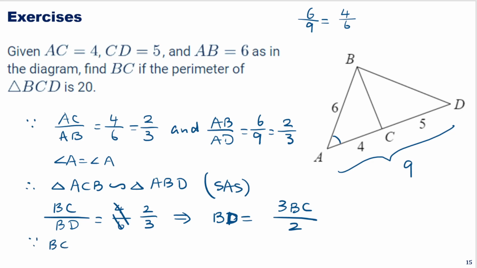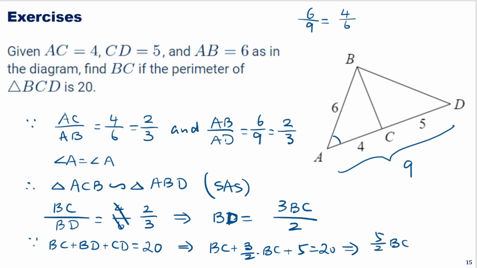We know BC plus BD plus CD equals 20. And substituting BD there, we have BC plus 3 over 2 BC plus CD. CD is given there, 5, which is 20. So this gives us 5 over 2 BC equals 15. Therefore, BC is 15 times 2/5. So that's 6, right? Any questions?